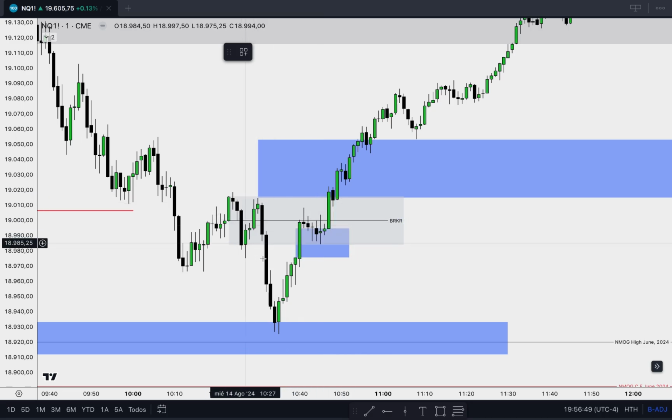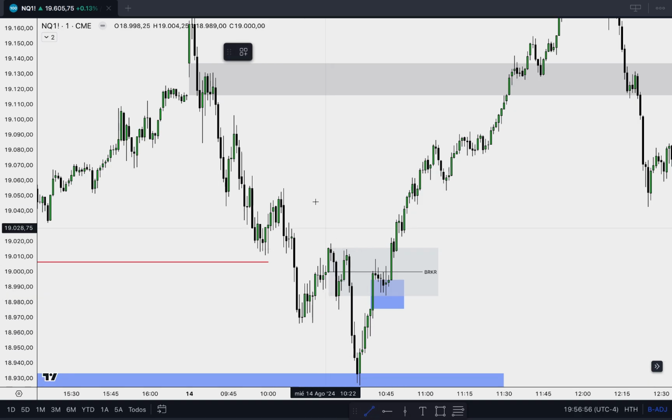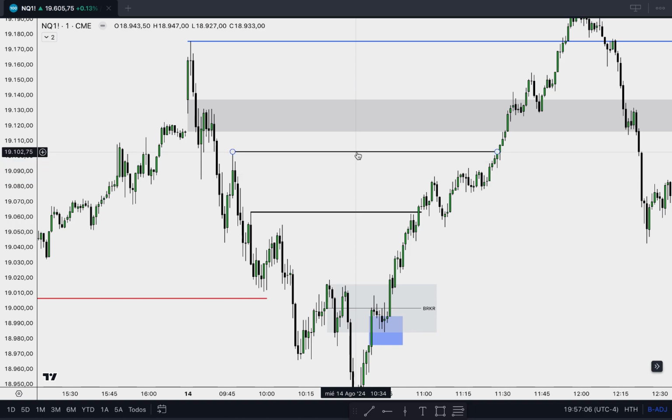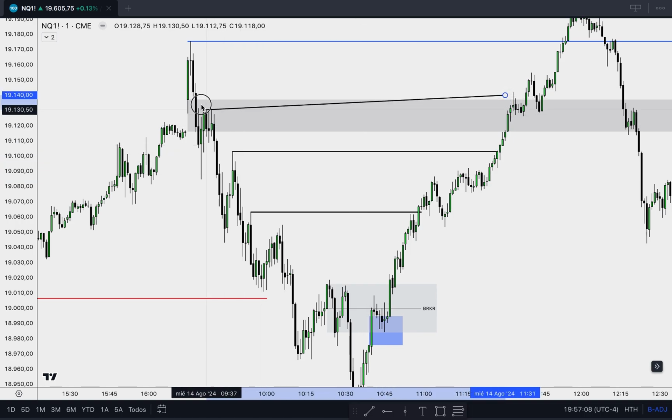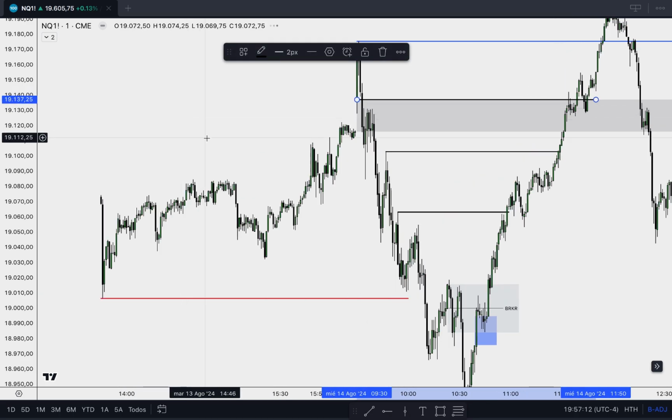This is a breaker, and I was taking partials above this high, above this high, and at this opening, because this is an order block.